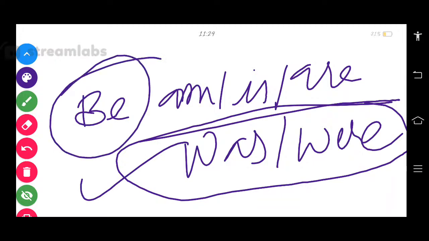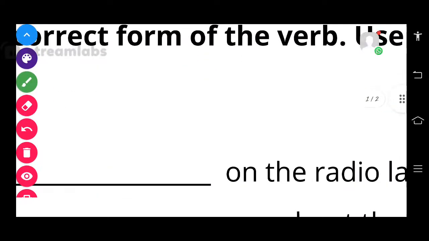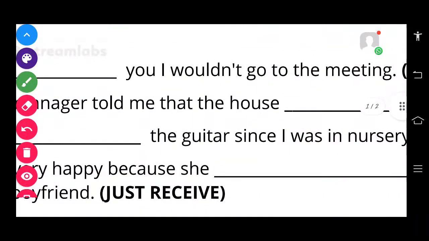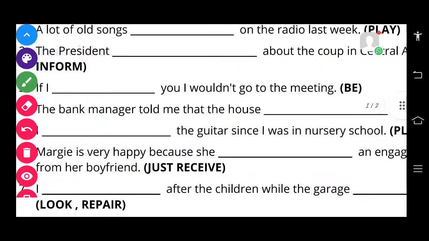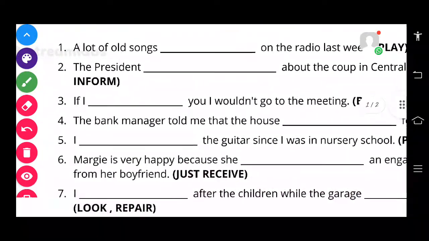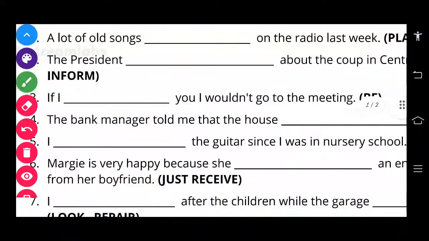If it is in the sense of present, we have to use present be forms. Yes Sandeep, you told correctly, because it expresses the past time only. Therefore, we have to use the past be form, was or were. Here, do we have to use was or were after I?